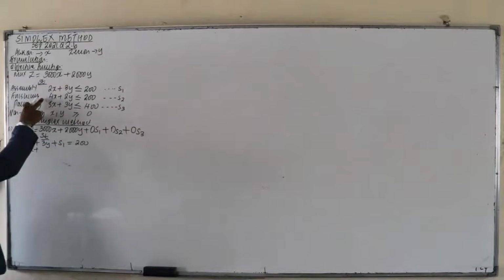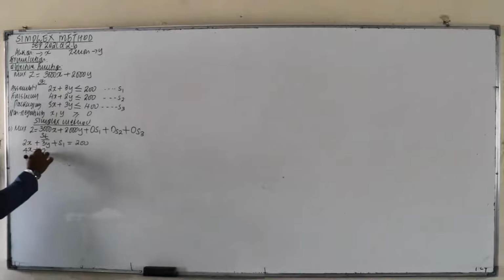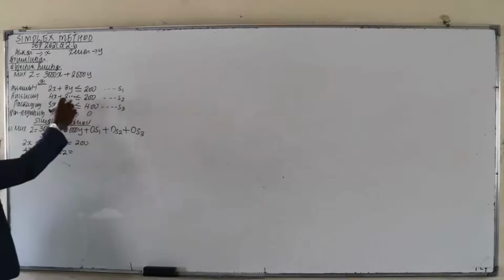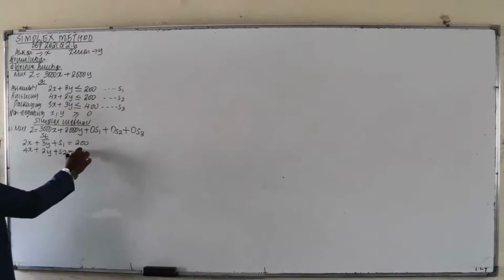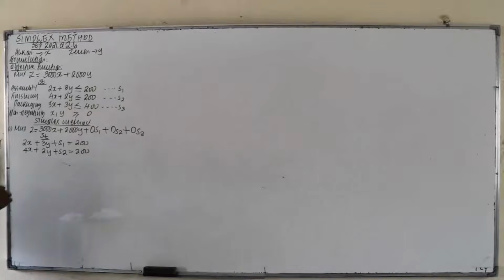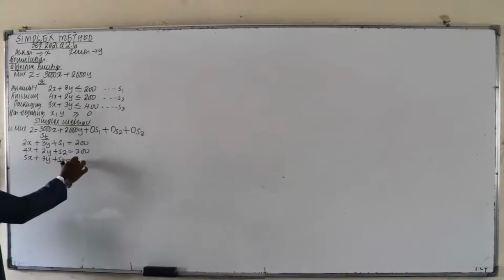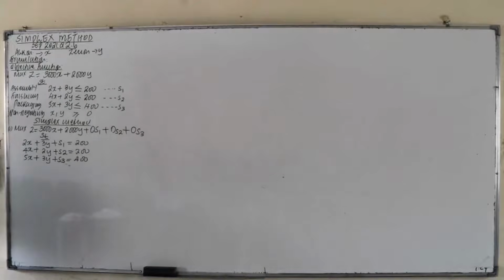Here we are presenting basis 1, basis 2, basis 3. The second one, finishing, would be 4X plus 2Y plus S2. You change the inequality to equality, so it is also equal to 200. And then for packaging, it's 5X plus 3Y plus S3 is equal to 400. Then X, Y should always be greater or equal to 0.